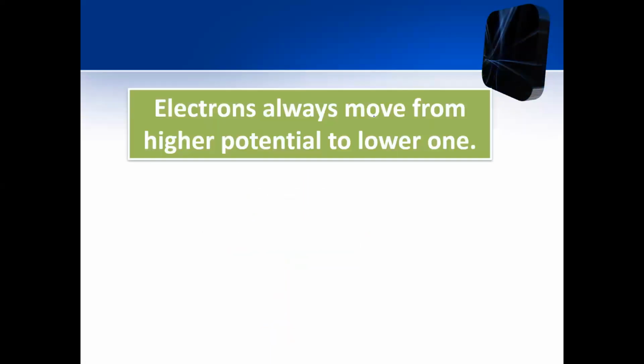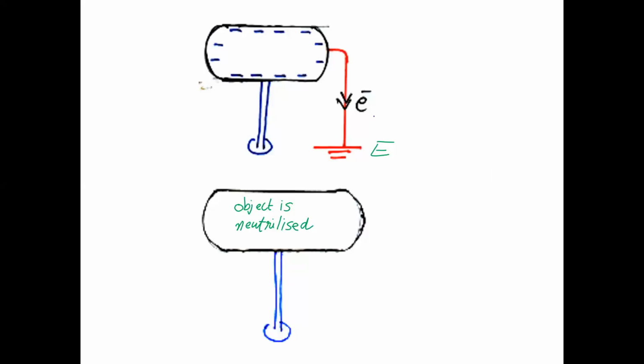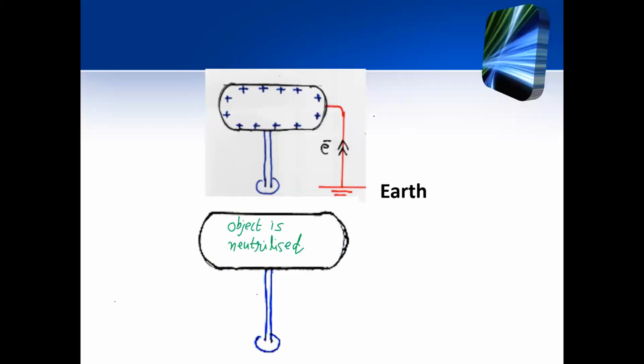Now we put our next summary concept. Electrons always move from higher potential to lower. When you were connecting a negative rod, electrons were going downward. And when you connected a positive rod, electrons were going upward.